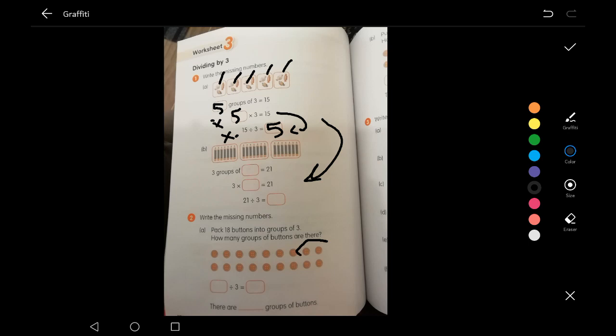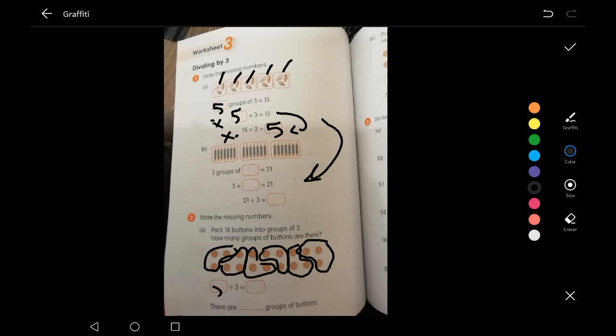Put each 3 buttons in one group. How many groups did we get? 1, 2, 3, 4, 5, 6. So we got 6 groups.